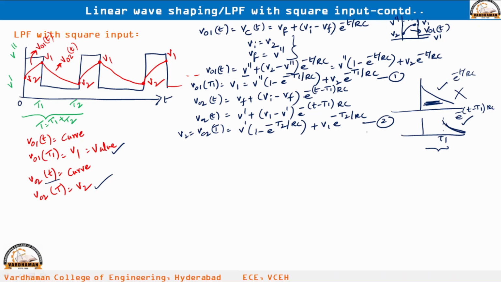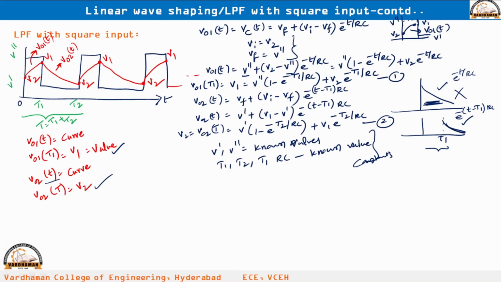Known values are V dash and V double dash, because those are the input voltage levels. T1, T2, T, RC are also known values. That means you can take them as constant values.